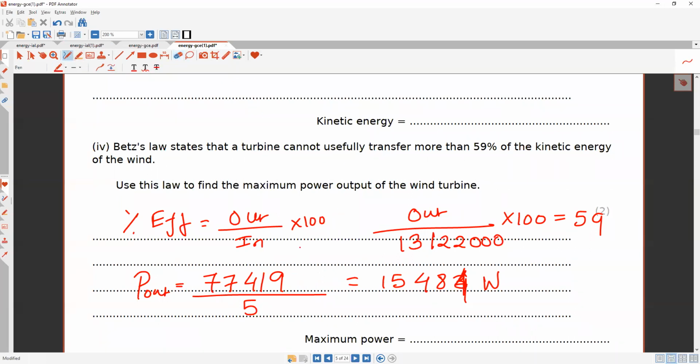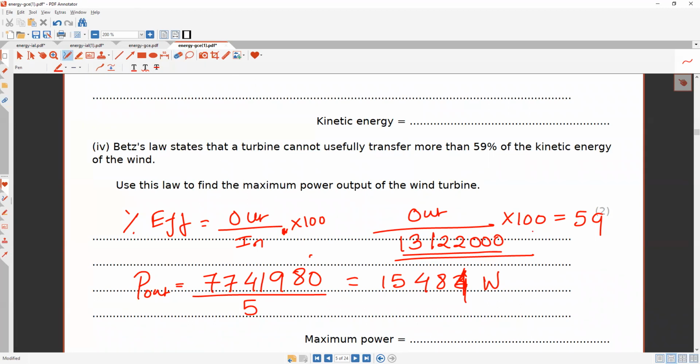There is some mistake over here. Check 59% of that. Check half of this, almost. Double check this one: 59 divided by 100 into 13122000.